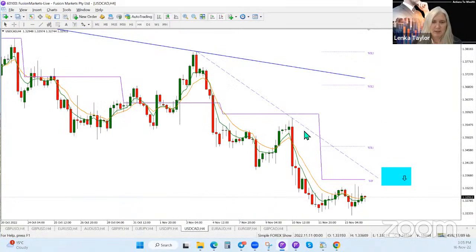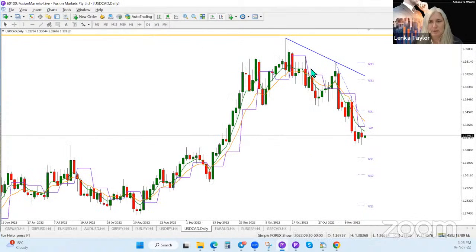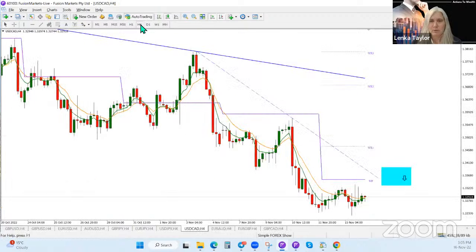Next currency pair is USD CAD, and USD CAD looking for short opportunities here. So we've already gone quite a bit of way down. So I'm looking for pullback first, ideally above this weekly pivot or to the trend. So on the 4 hourly, that would be around this area.